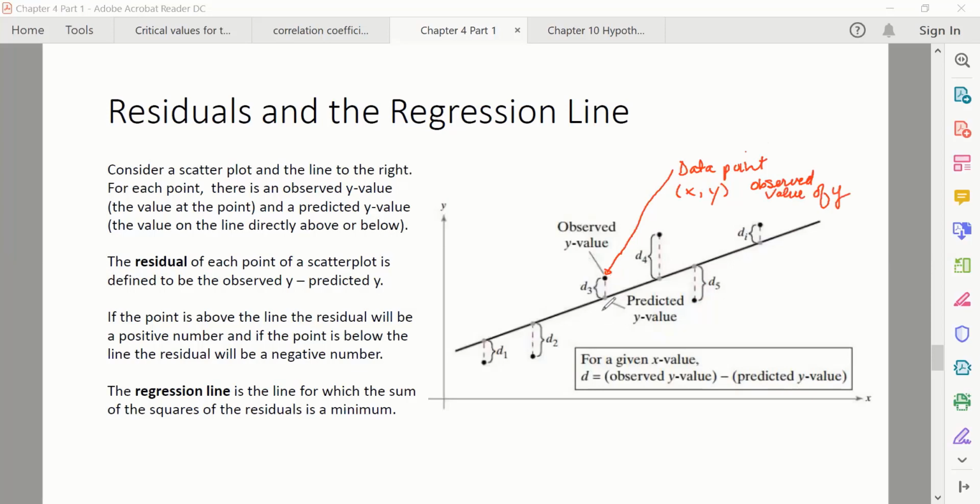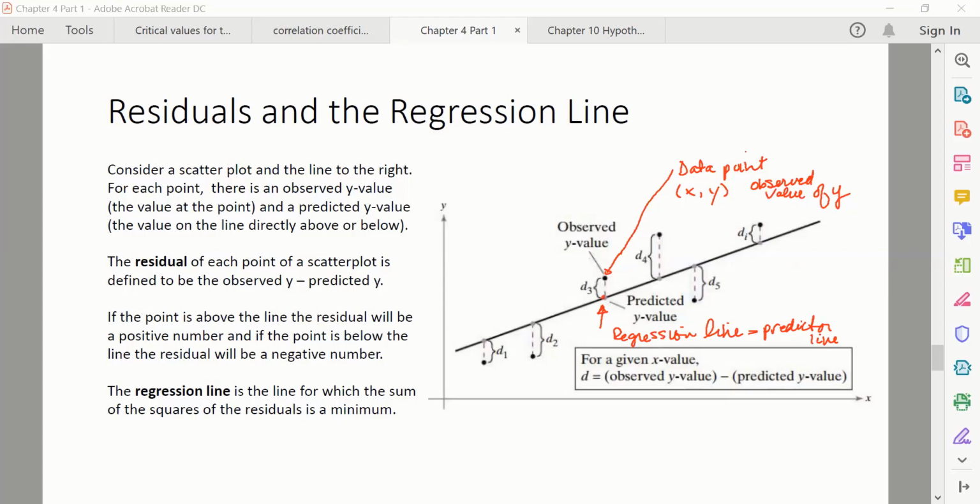If we look at the line, the regression line is also called the predictor line. It is a model for the best fit of the data to some sort of line, so it's used to predict values of the data. If I look at that line, it's also got a point just below the other one.